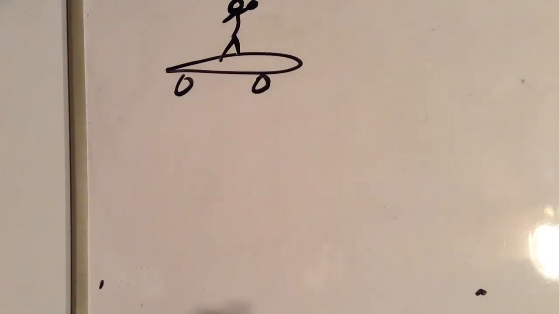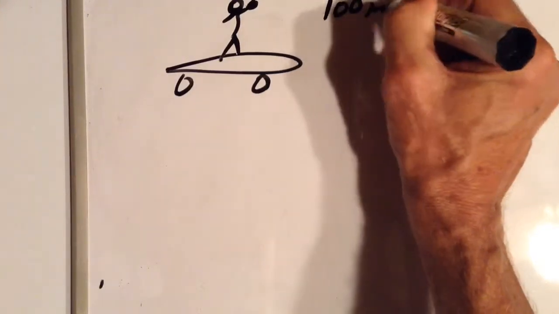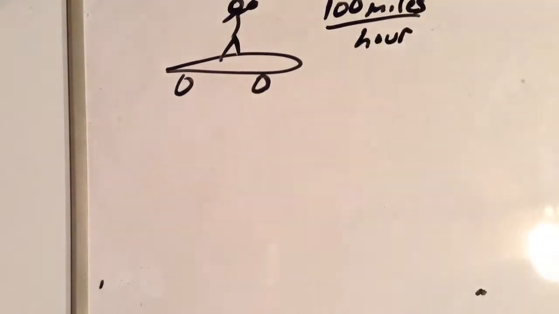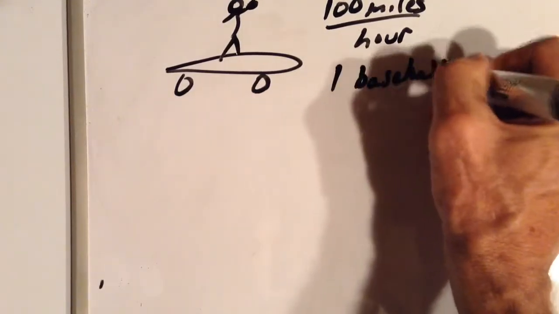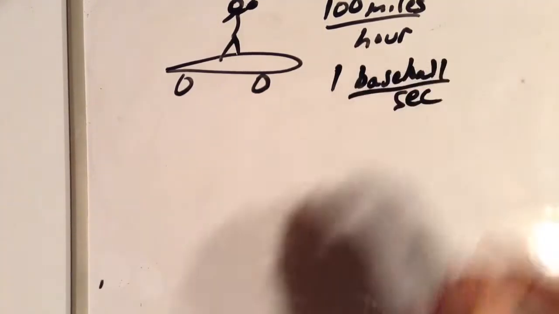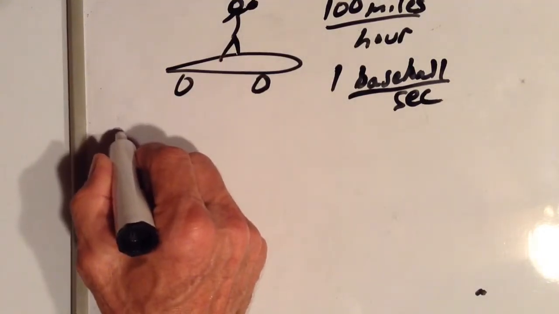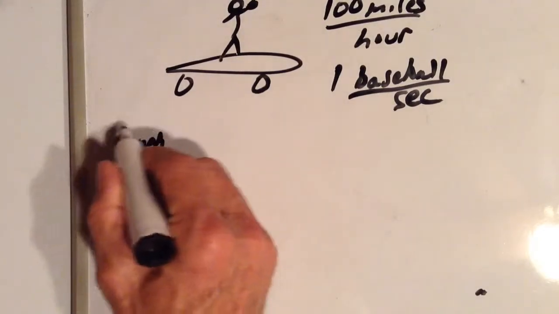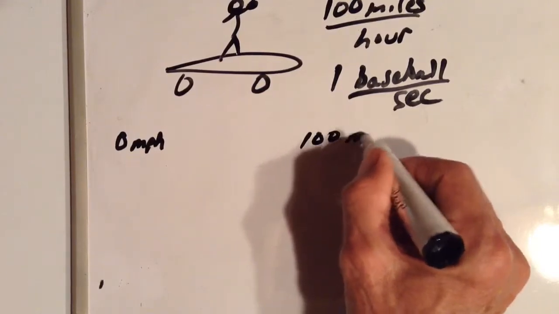Let's say he's throwing a baseball 100 miles per hour, and let's say he's throwing 1 baseball per second. So the baseball starts out here going 0 miles per hour, but by the time he releases it, it's going 100 miles per hour.